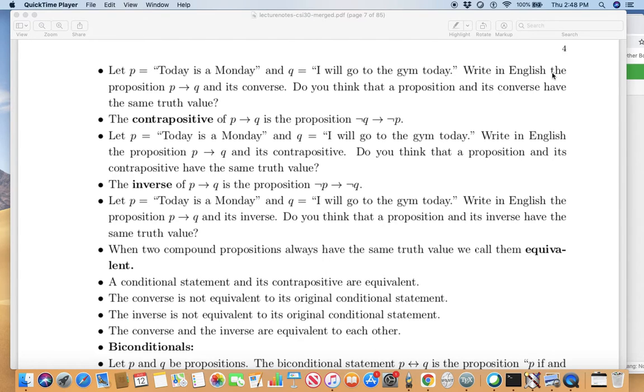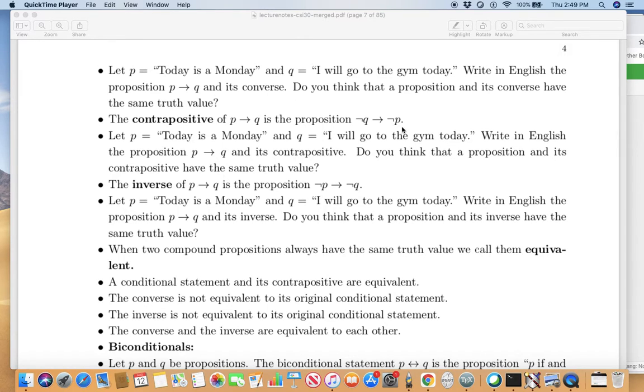Write in English the proposition P implies Q and its converse. P implies Q is if today is a Monday, then I will go to the gym today. The converse is if I go to the gym today, then today is a Monday.